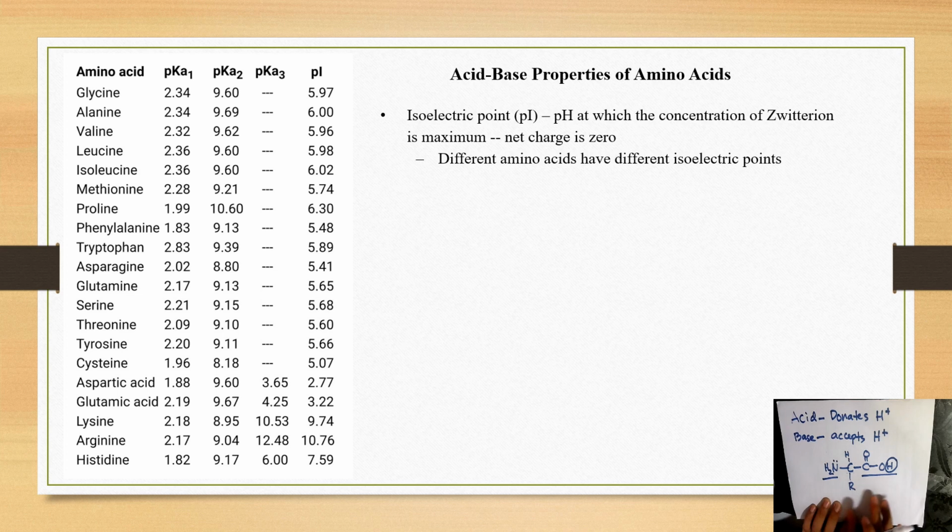So in an amino acid, there is an intramolecular, intra meaning within, transfer of proton within the molecule. So when that happens, when the carboxyl group transfers a proton to the amino group, what will happen?